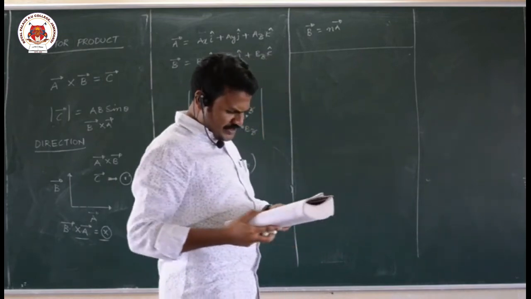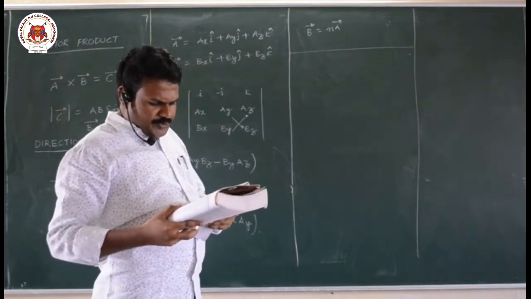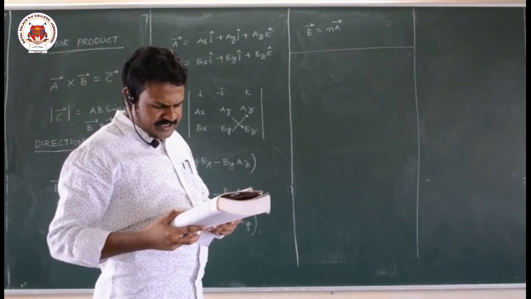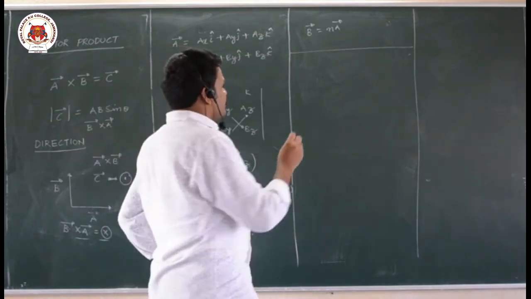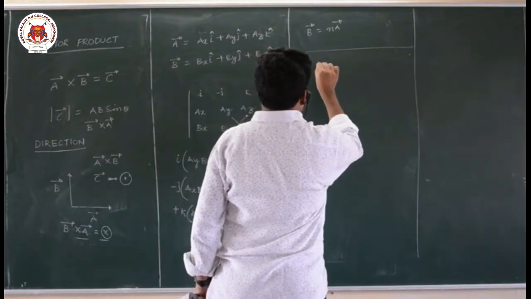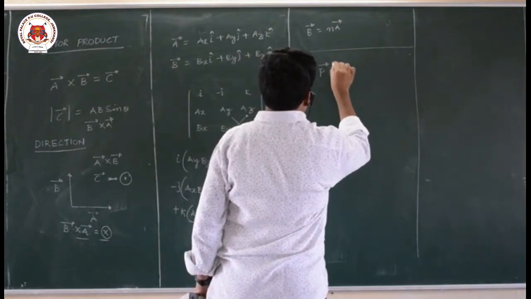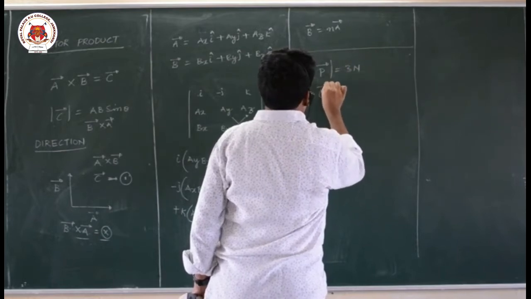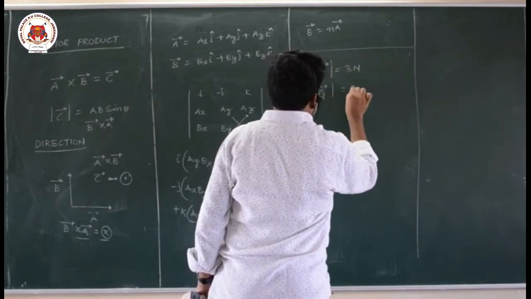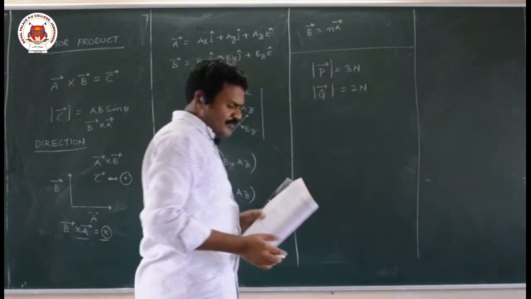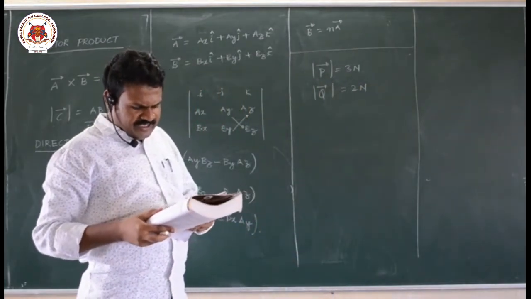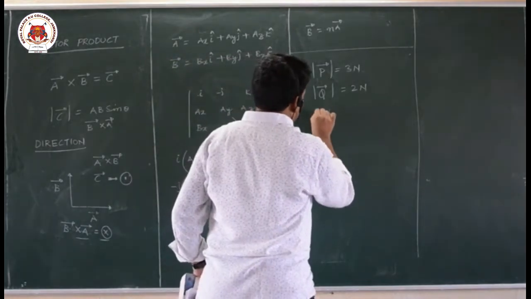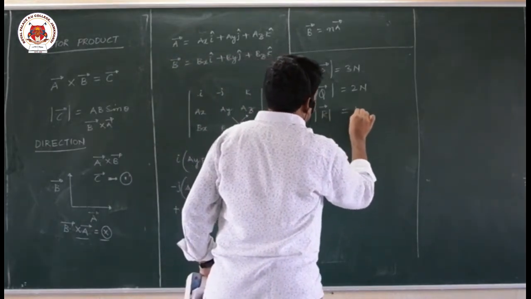The question is, if two forces 3 Newton and 2 Newton are at an angle theta such that the resultant is R, that means magnitude of P bar is 3 Newton, magnitude of Q bar is 2 Newton. Force is a vector quantity, so they are acting at an angle theta, and their resultant magnitude is R.